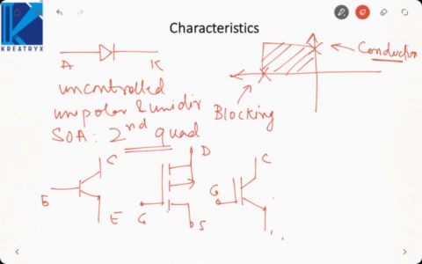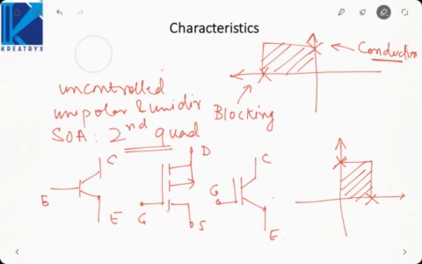All will have the same characteristics, that is, they will block one polarity of voltage and conduct current in only one direction. So it is a fully controlled type of switch, but it is unipolar and unidirectional, and the SOA will be first quadrant. Okay, so this is about the transistors.